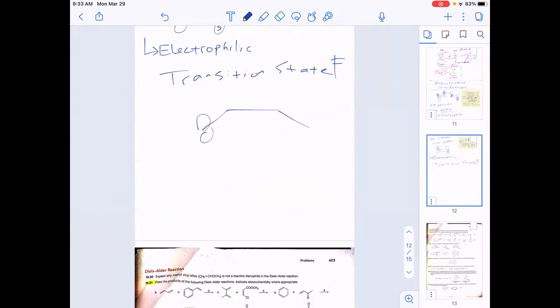So here's your HOMO of your diene. Here's your LUMO of your dienophile. So this is shaded, that's shaded, like so. Now, I'll buy lunch for the first person to tell me how that LUMO should be shaded.